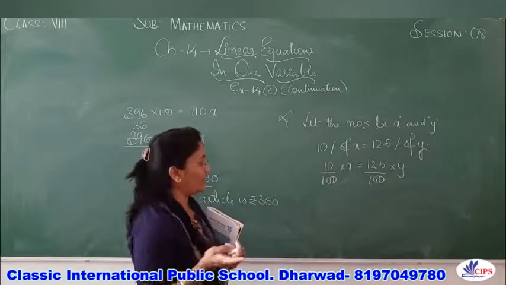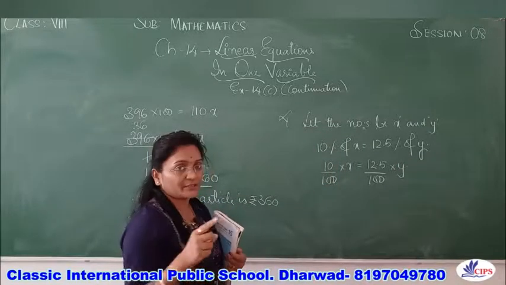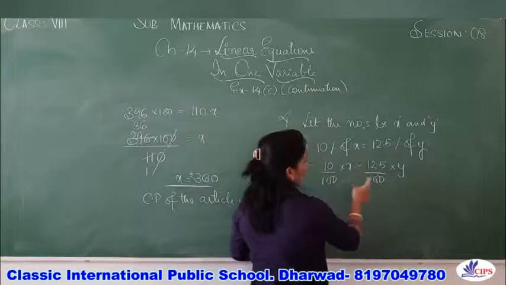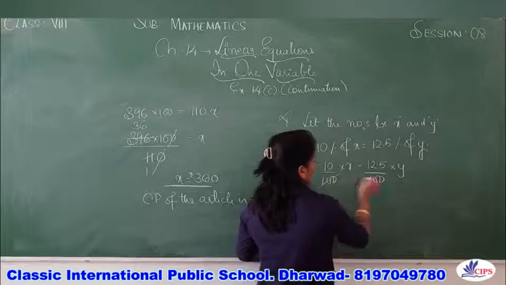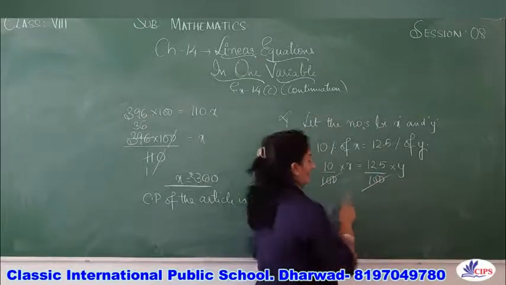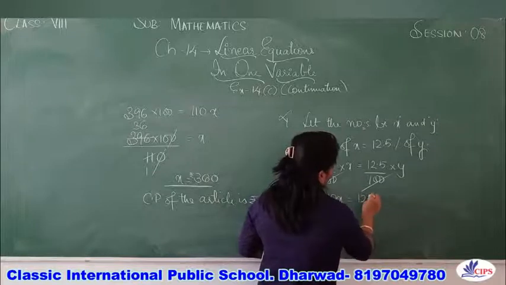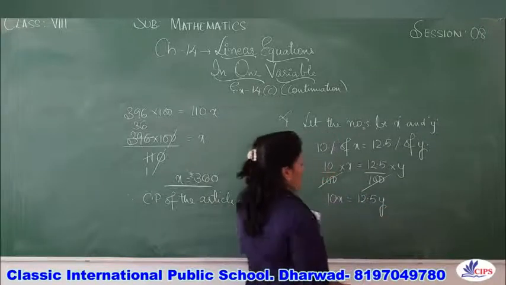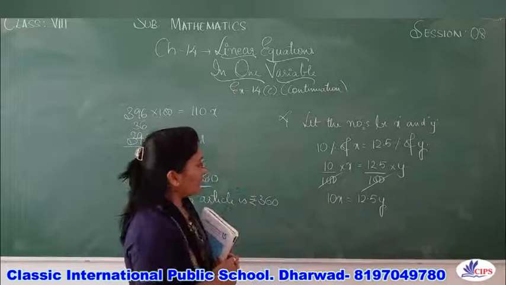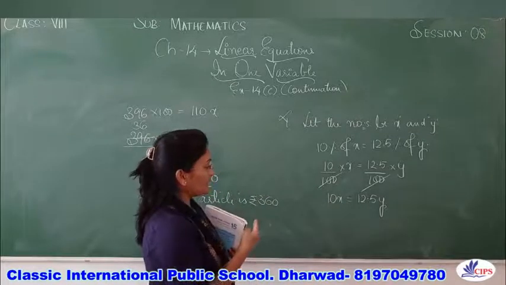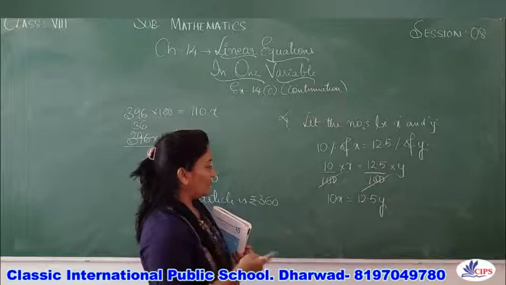Now in yesterday's session I have told you the cancellation law, isn't it? So here as we have got an equal to sign and on both sides we have got 100, we can cancel them. So what is left? 10x is equal to 12.5y. Now here I can find the value of any one of the variables. See here we have got 10x equals 12.5y.